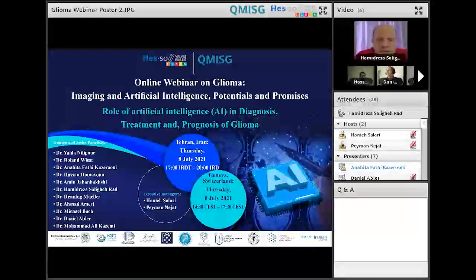The webinar is focused on low-grade glioma imaging, image modalities, quantification, and the role of artificial intelligence to understand the details of this tumor and to correlate the findings of the imaging to pathology and other fundamental biomarkers.